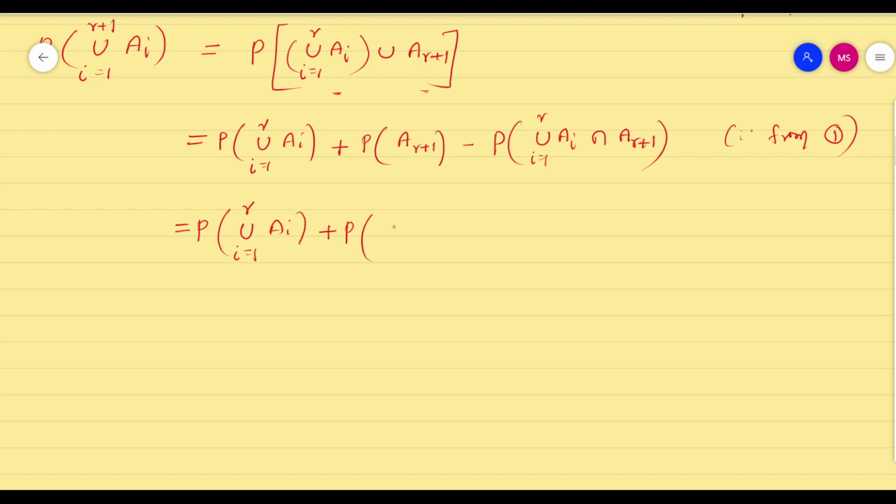plus p of a r plus 1 minus, by using the distributive law, p of union i is equal to 1 to r of ai intersection a r plus 1, right?